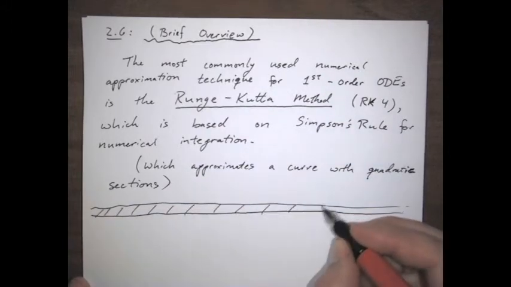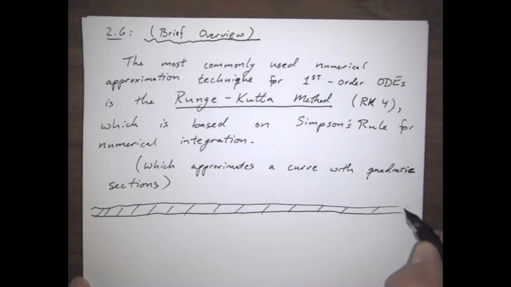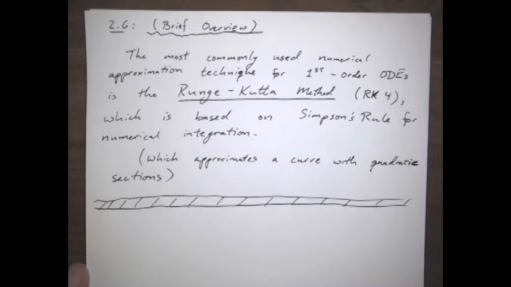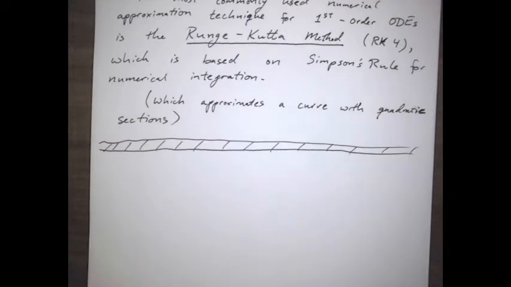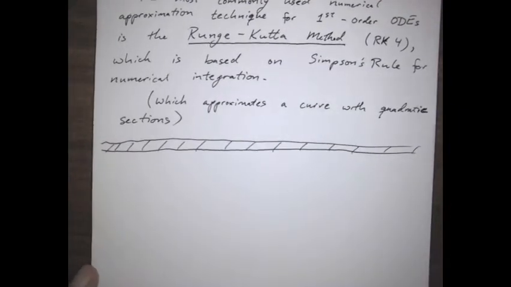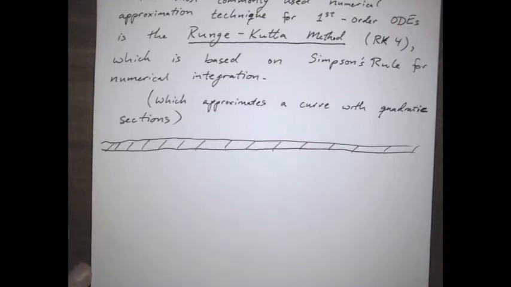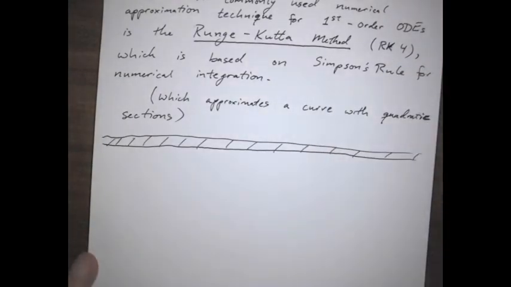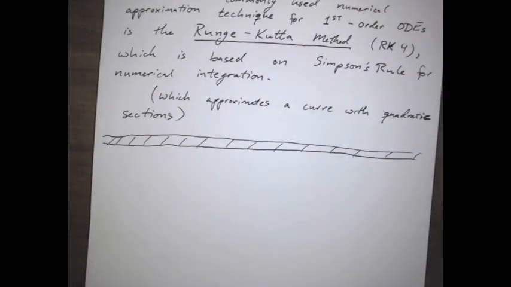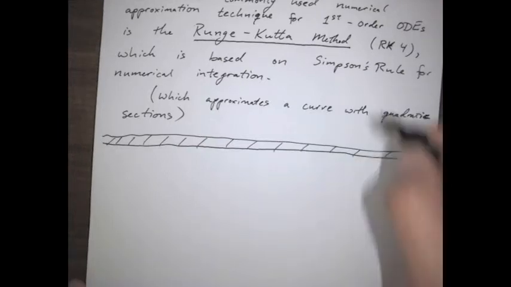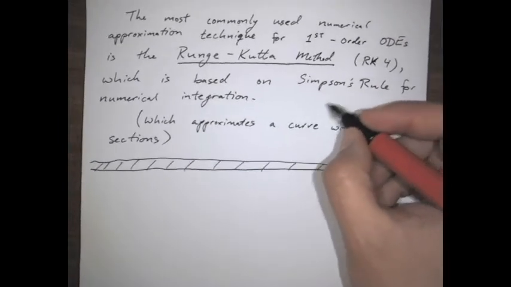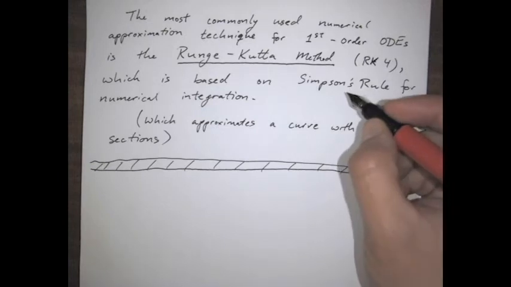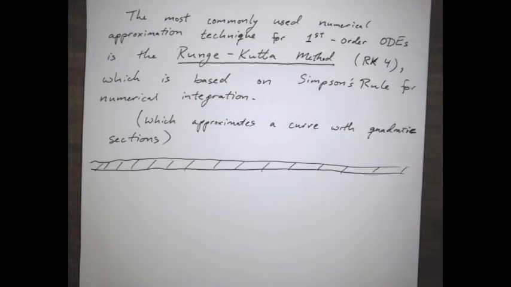But any numerical differential equation solving technique that you will see behind the scenes on something like a TI-89 or most other advanced algebra systems will be based on this particular method, the Runge-Kutta method, which dates back to around the year 1900, and which in turn is based on Simpson's rule, which dates back to the 1600s.